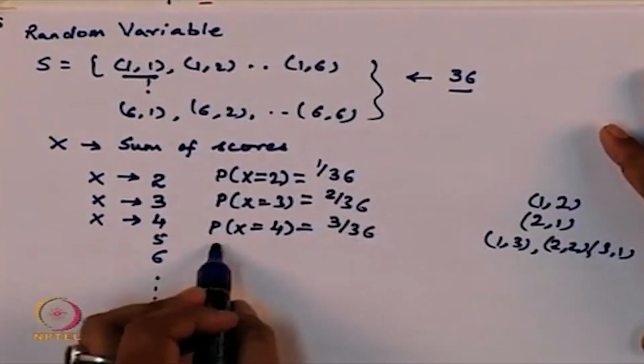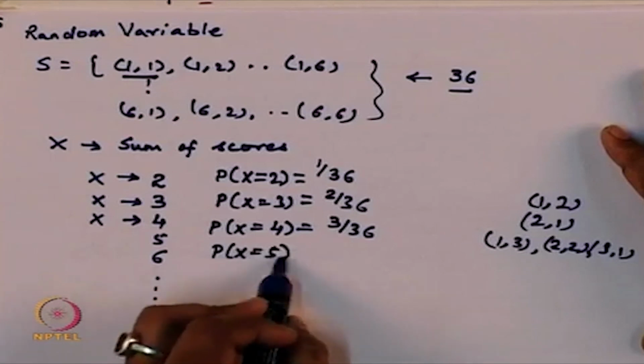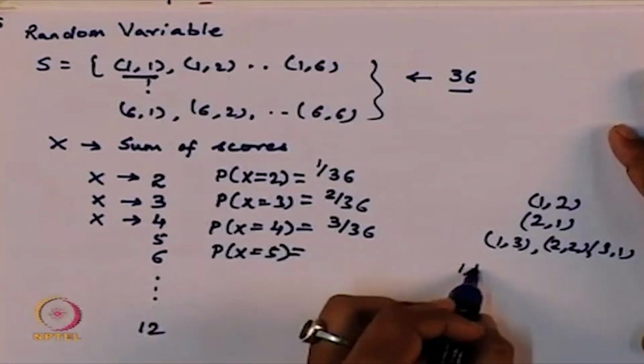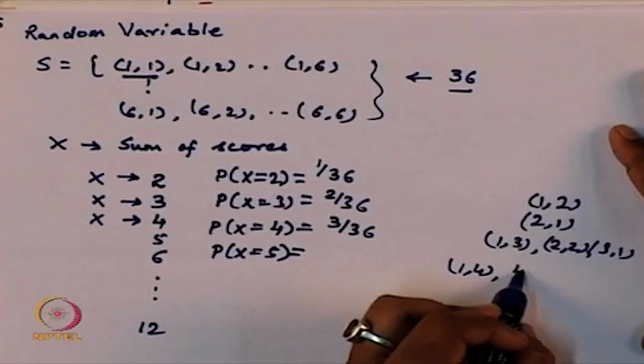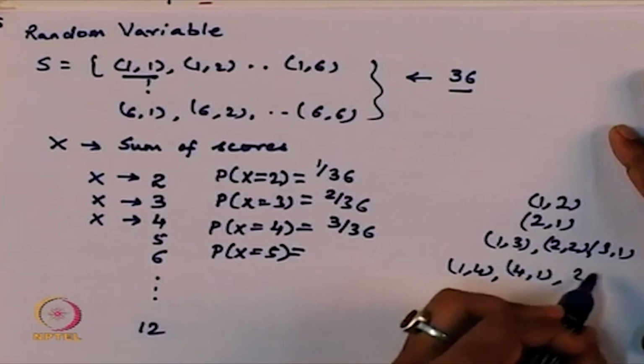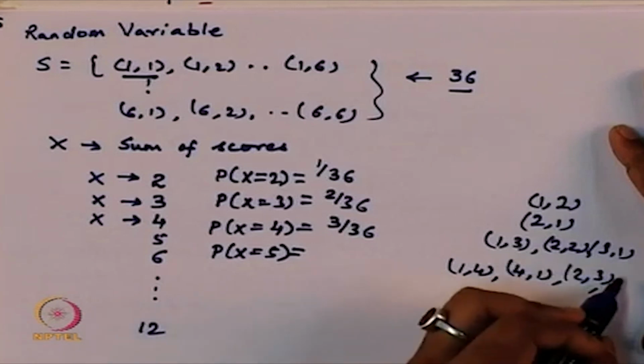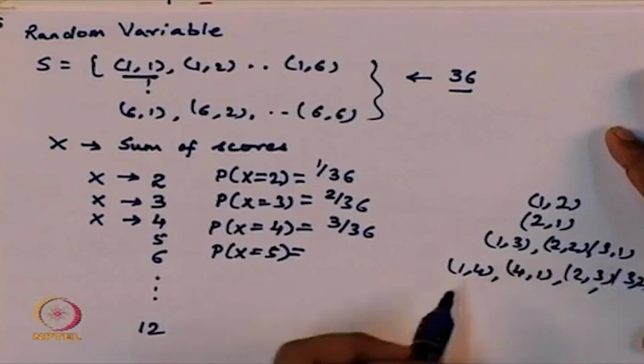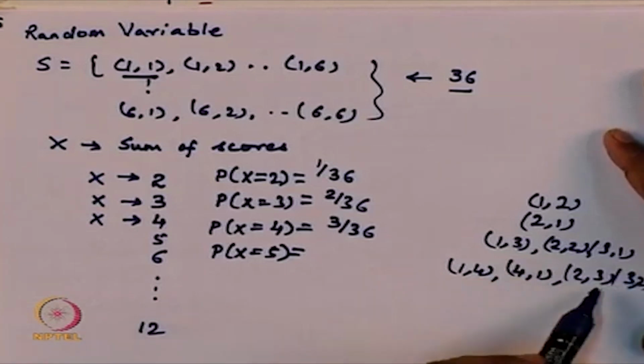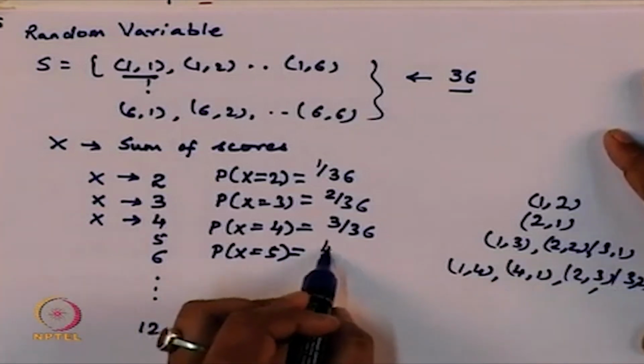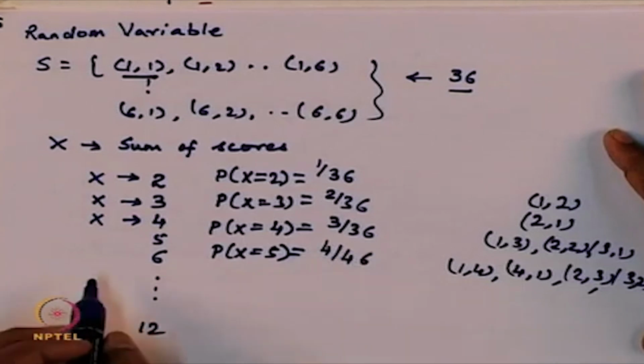Okay. Probability of x equal to 5: so I have 1 4, 4 1, 2 3, 3 2. So, this is also 4 by 36.